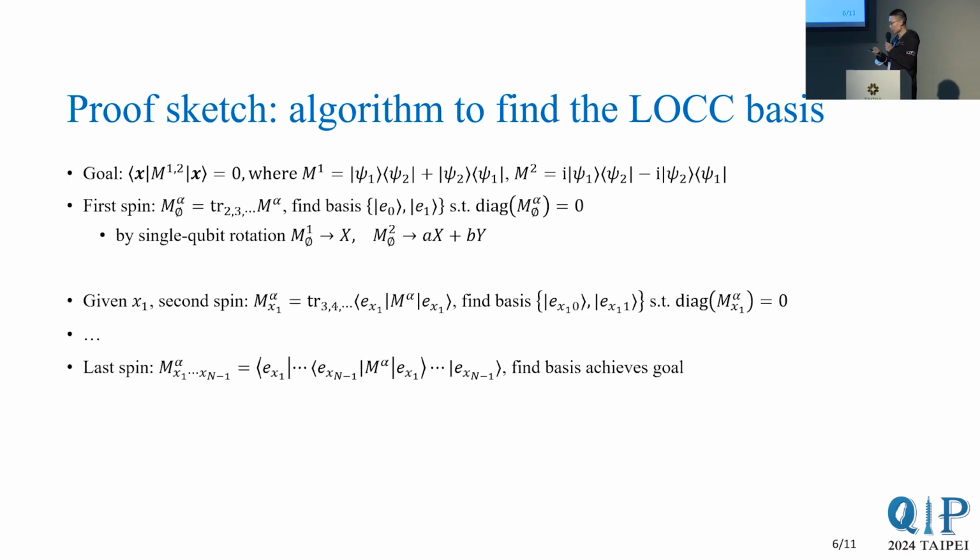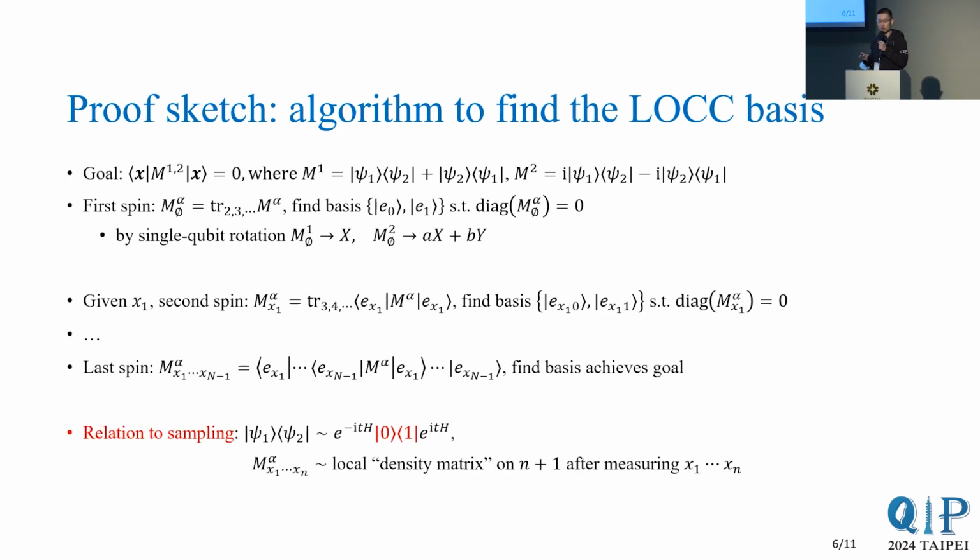But for GHZ metrology, we want to relate it to the sampling problem in order to show efficiency. I claim that for GHZ, we can use psi1, psi2 to be the time-evolved all-0 and time-evolved all-1 state. Then these many-body partial traces are actually asking the following question.